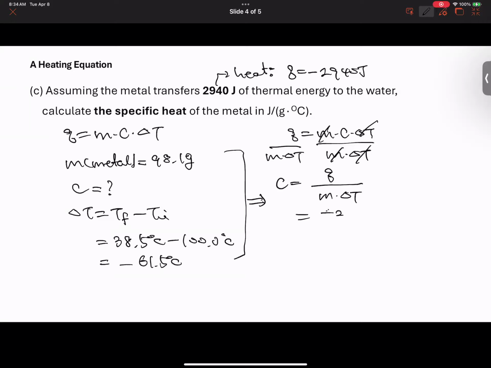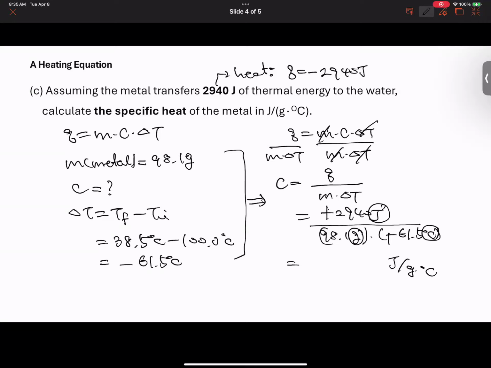Q equals negative 2,940 joules. Mass is 98.1 grams. And delta T is negative 61.5 degrees C. Then negative over negative becomes positive, and the unit is joules per gram Celsius. When you have 1 gram of material, raising the temperature by 1 degree C, how much energy does it require?